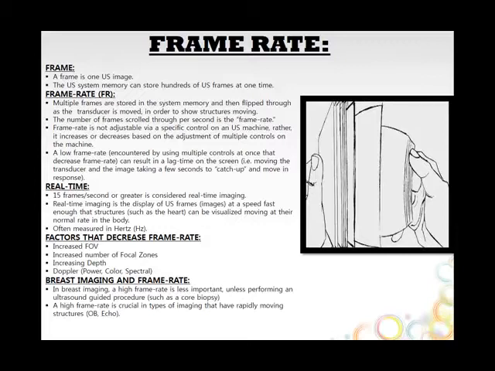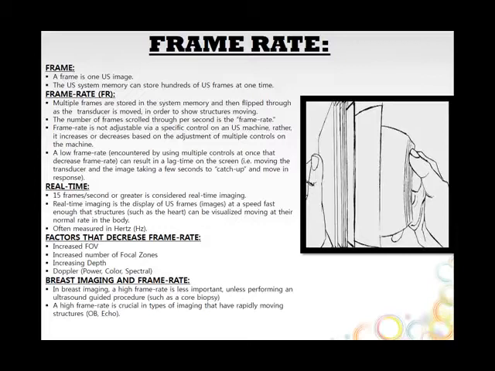So one image we call a frame. Multiple frames together, the speed that we travel through all those multiple frames, we call that the frame rate. Real time is when the machine is releasing these frames at a speed of 15 frames a second or greater.